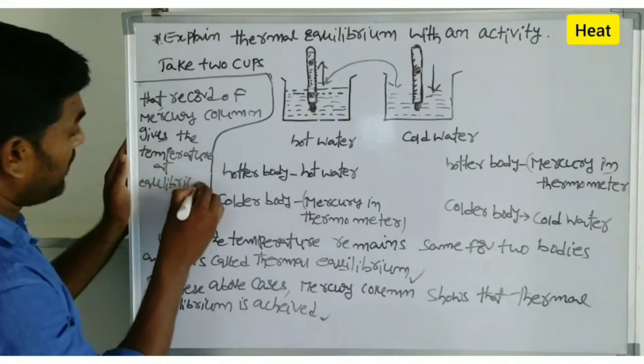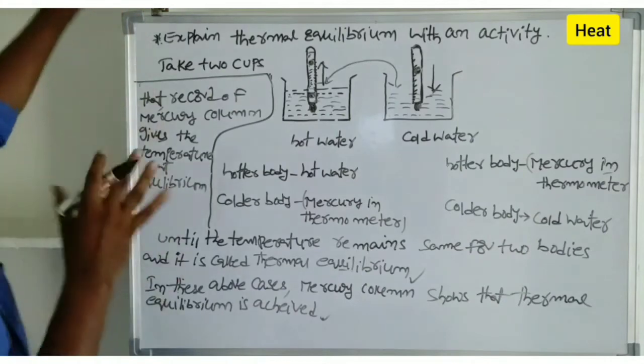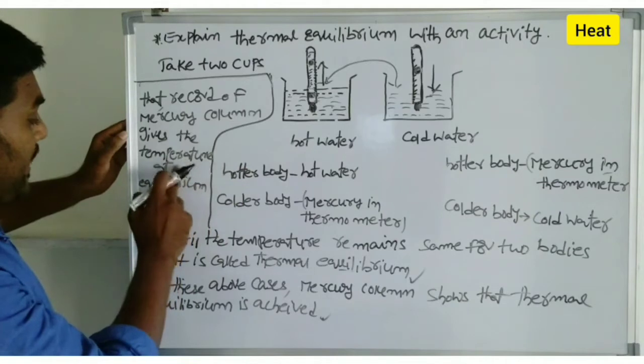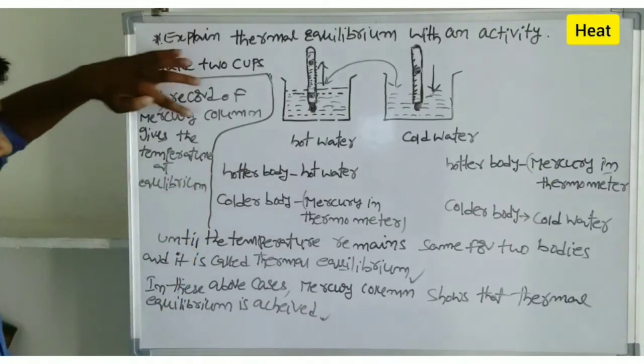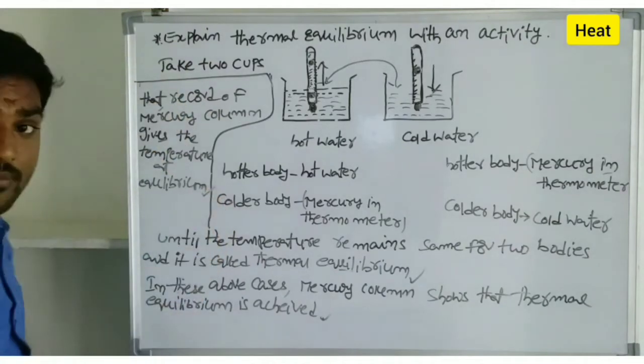So the final point: the record of the mercury column gives the temperature at equilibrium. Once again, the record of the mercury column gives the temperature at equilibrium.